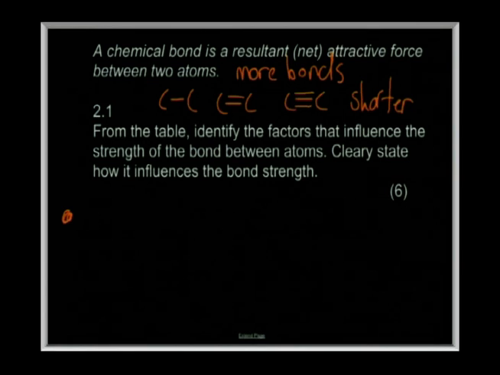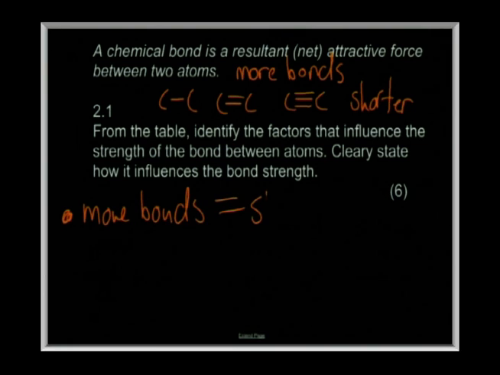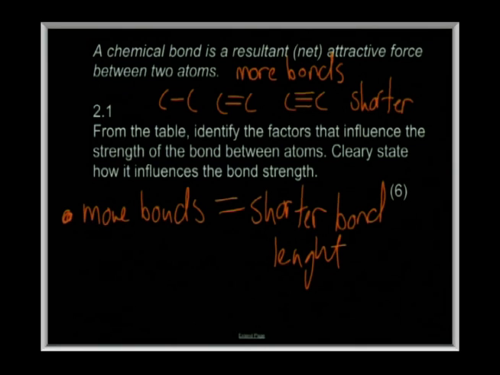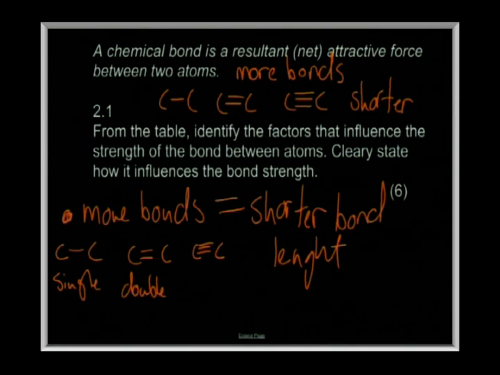Okay, let's write it here. Point number 1, more bonds equals shorter bond length. And with this, I'm specifically referring to as I go from a single to a double to a triple bond.